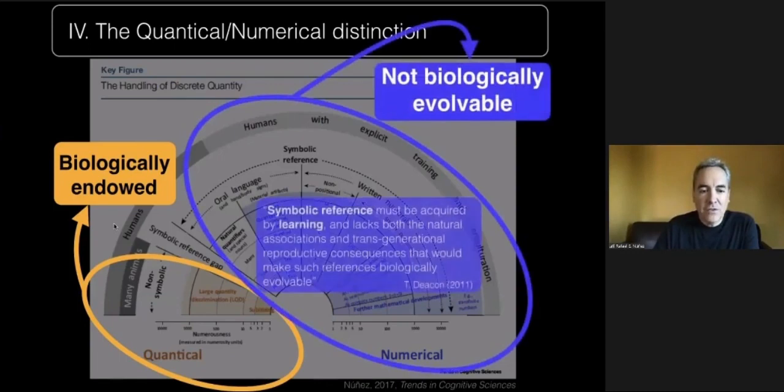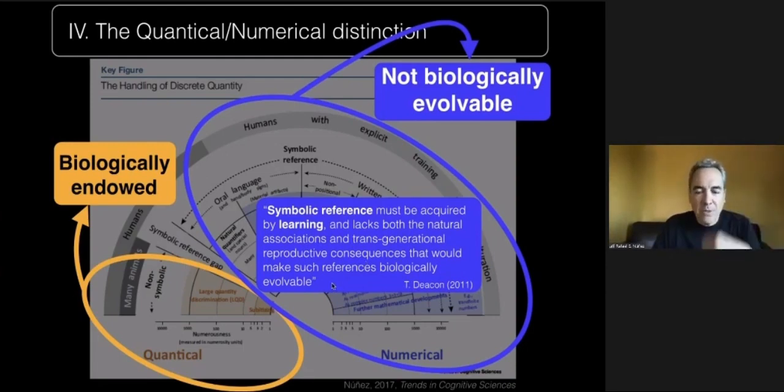And here I refer to the work of biological anthropologist Terry Deacon, who says that symbolic reference must be acquired by learning. And learning occurs in the ontogeny of individuals, during the lifespan of individuals, and lacks both the natural associations and transgenerational reproductive consequences that would make such references biologically evolvable.